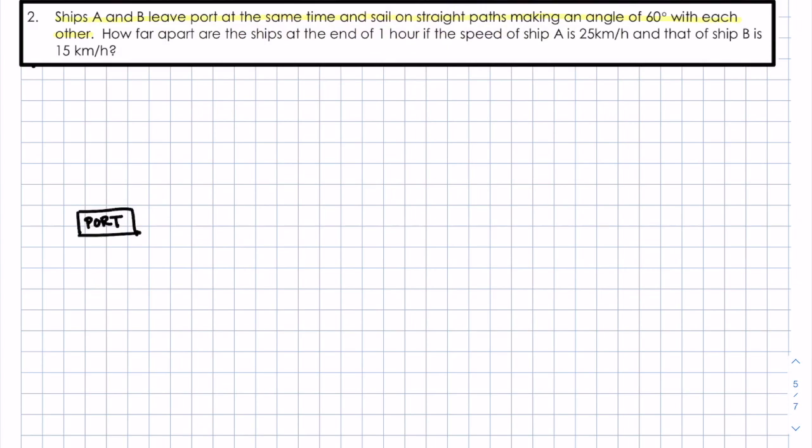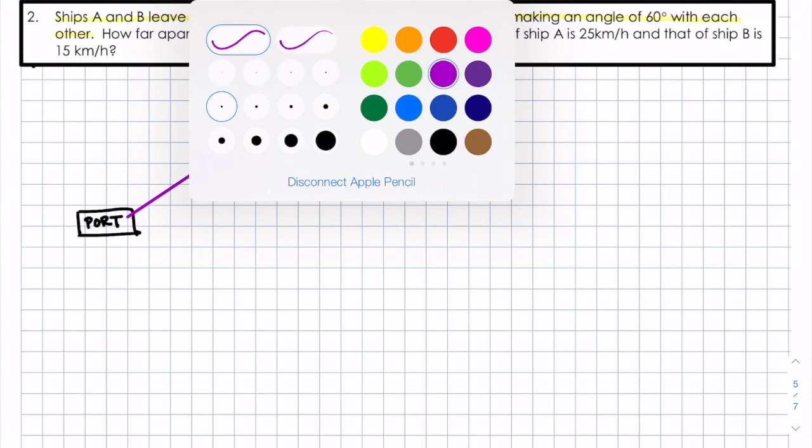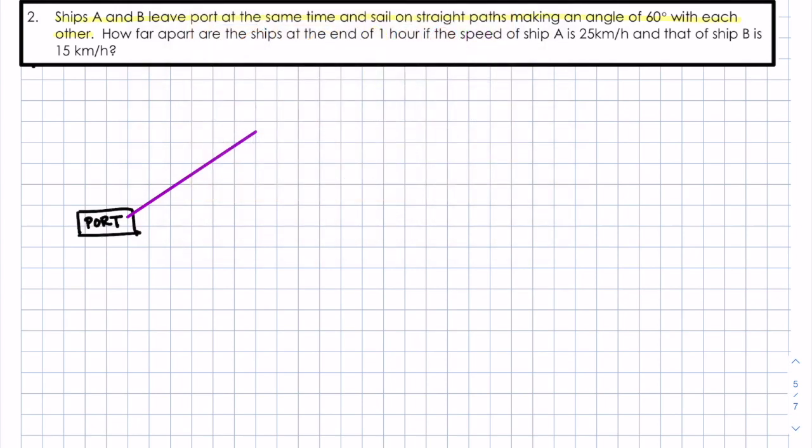So let's say this is path A, and let's say this is path B. Okay, so at the end of this orange path is going to be boat B, and at the end of this purple path is going to be boat A. And it's also telling us that the angle measured between is 60 degrees.